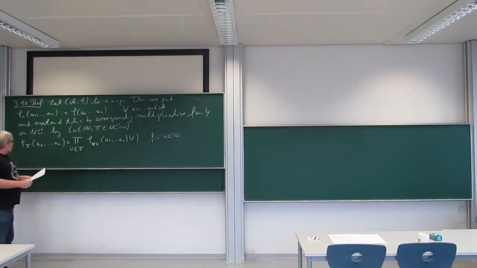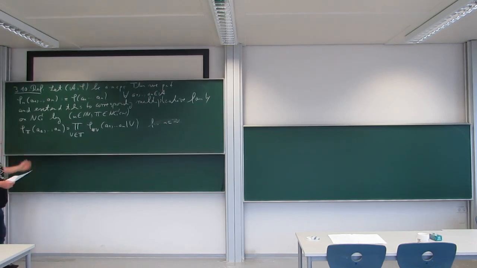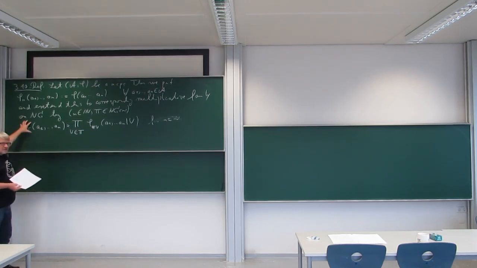Good. Okay, and now I have my moment functionals, and now I can define the cumulant functionals by Möbius inversion. So I can now take essentially the convolution of this with the Möbius function, and what we get there we call the free cumulants.